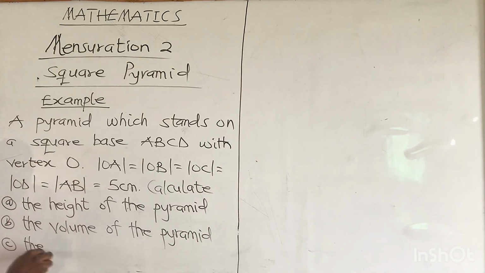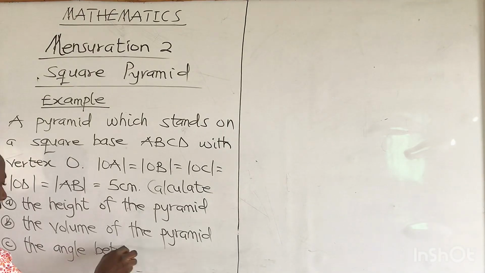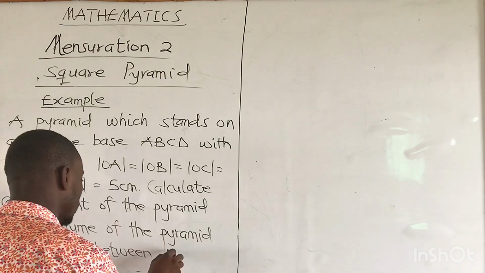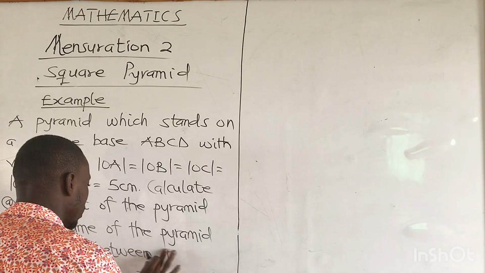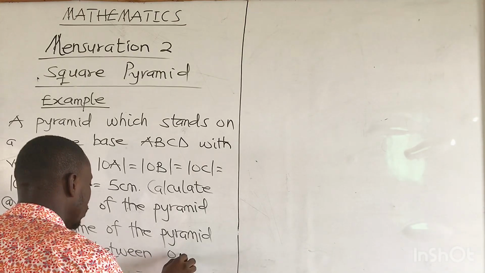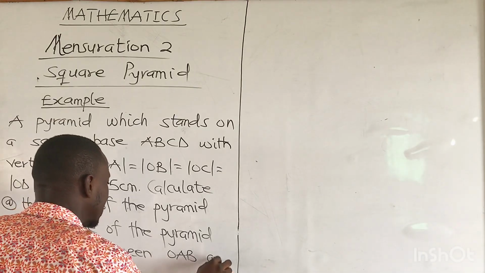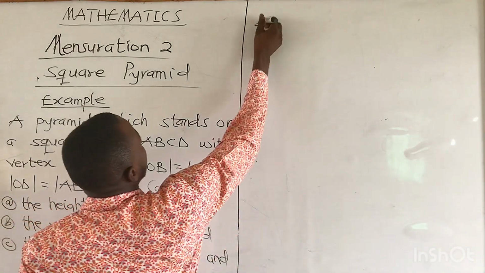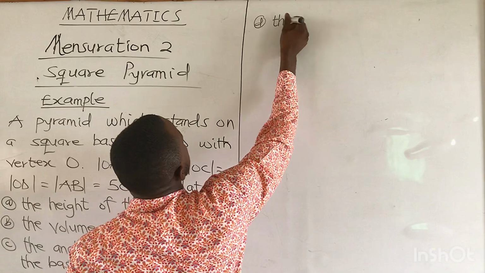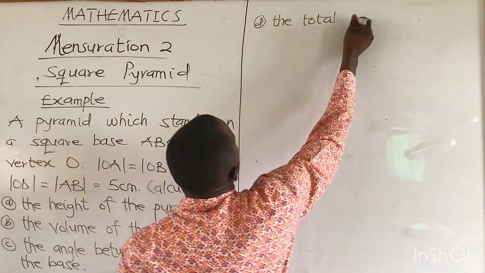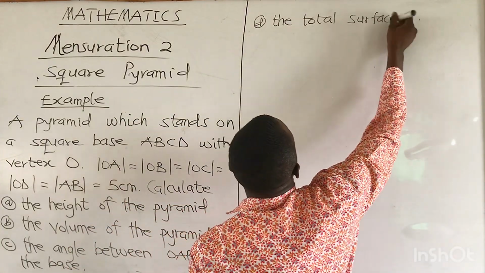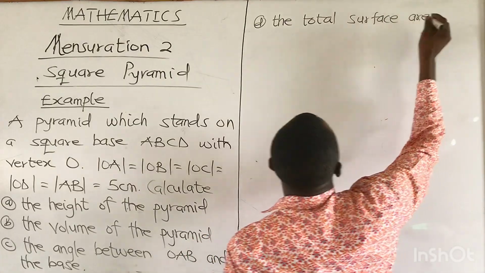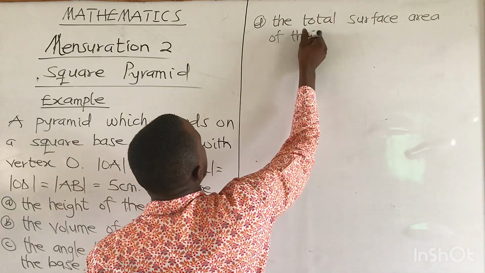C, the angle between OAB and the base. D, the total surface area of the pyramid.